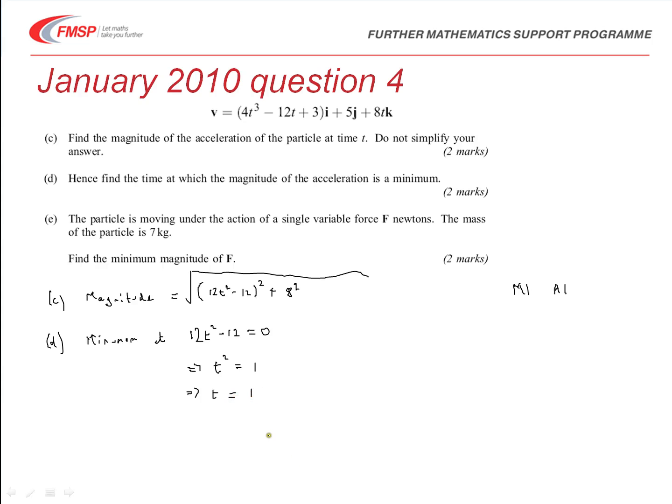We won't be interested in the negative solution at that point for t, because the time that we started the motion was from t equals 0. Again, for realising that the 12t squared minus 12 has to equal 0, you get 1 mark for that, and then for identifying the value of t at that moment, will give you an accuracy mark, an answer mark.